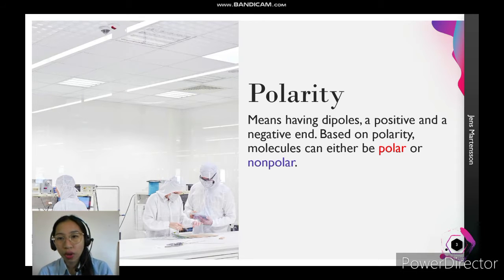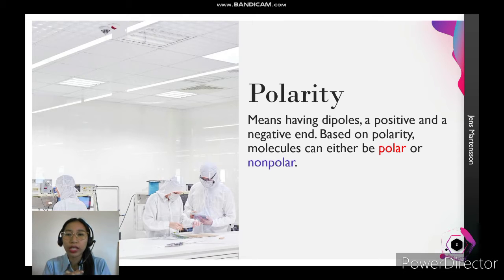So, our topic for today is all about polarity. Polarity means having dipoles, or two poles. Once we say di, it comes from the root word di, which means two, and poles, of course, at the end, at the edges of a certain object.